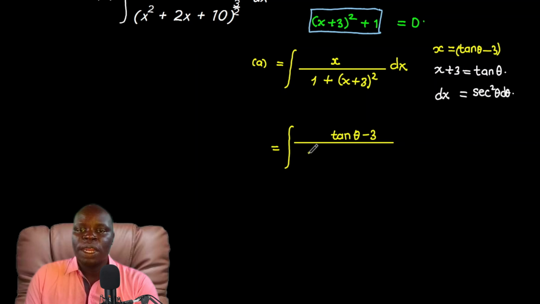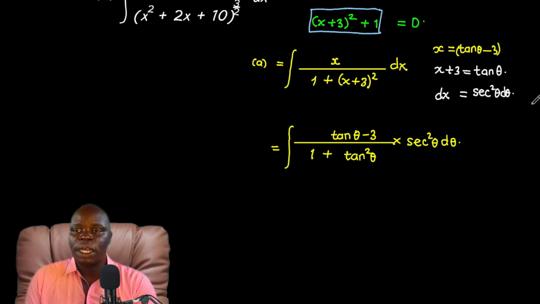And from the denominator, instead of writing x plus 3, we're replacing it with tan theta. And since it is also squared, we square it, tan squared theta. Instead of writing dx, we're replacing it with our derivative here, that is secant squared theta d theta. The denominator is the same as what we have here. We can simply go ahead and cancel. But if you also need one more step, let me do it for you here.